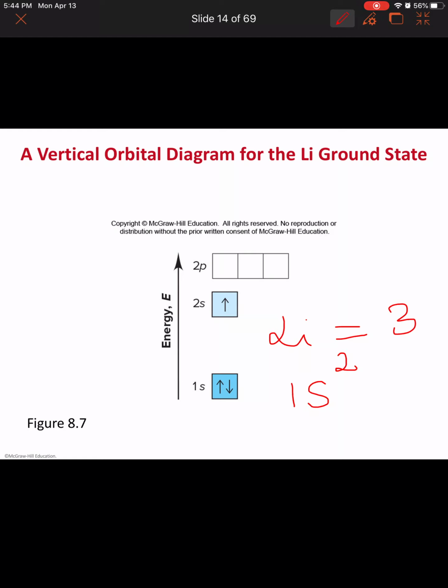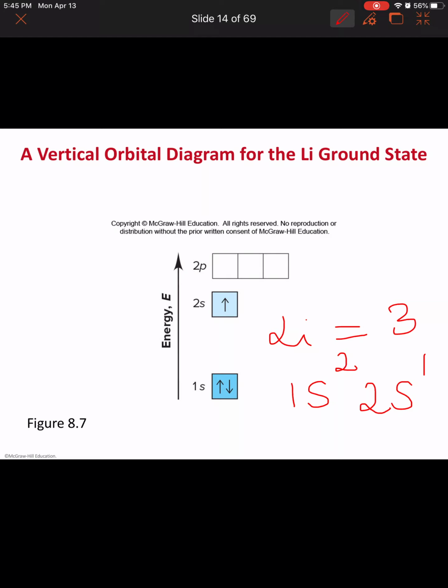And then the third electron is going to be inside the 2s orbital, so 2s. So 1s has 2 electrons, and then the 2s has how many? 1. So the electron configuration for ground state lithium is going to be 1s², 2s¹.